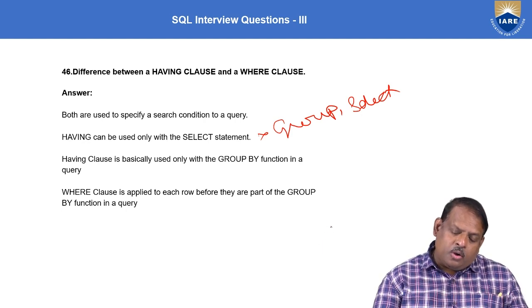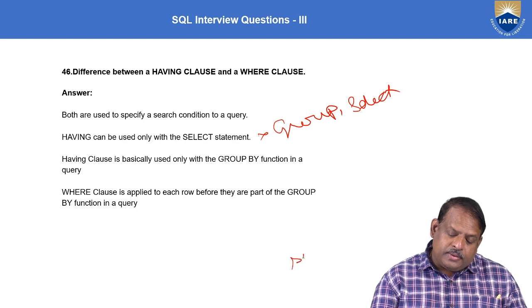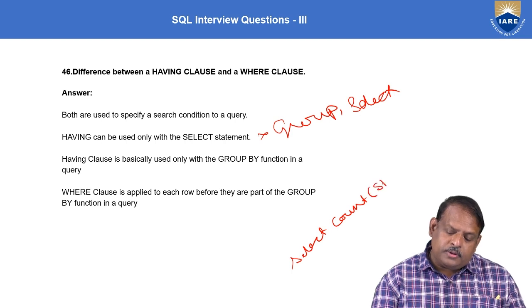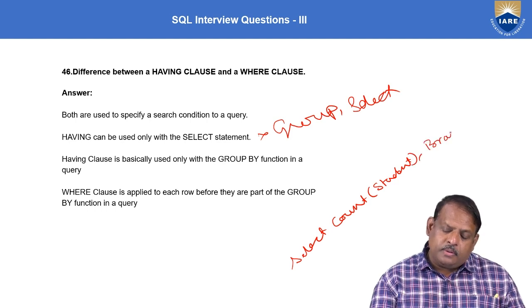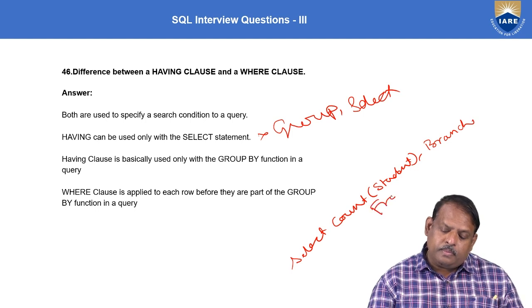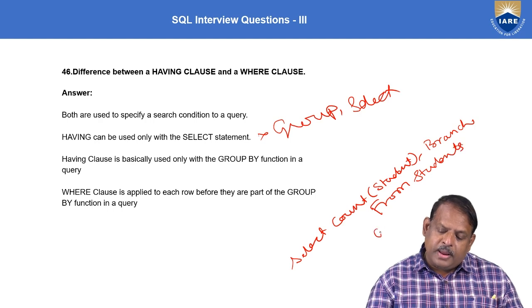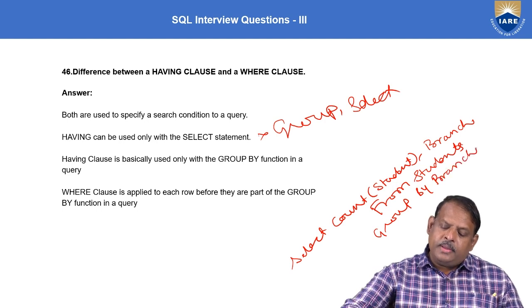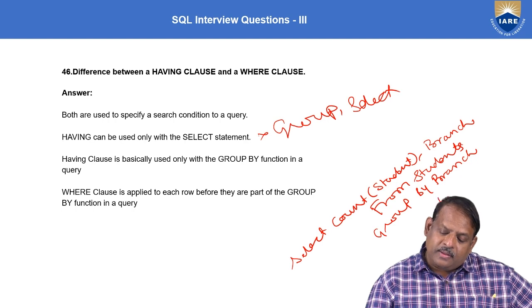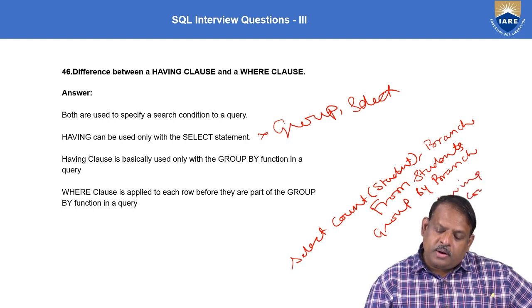So how can you write a having clause? I'll say select count of students, branch from students table group by branch, and then I will say having count star of students greater than 10.